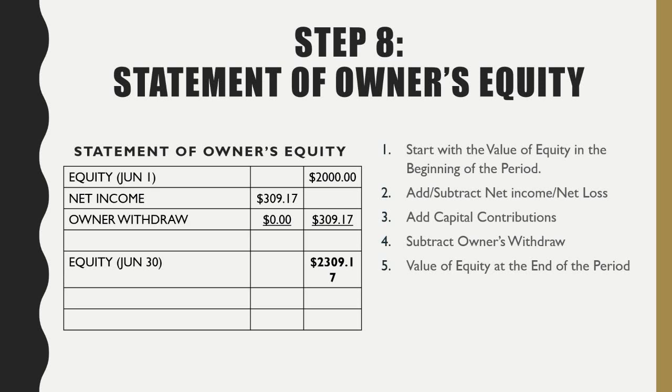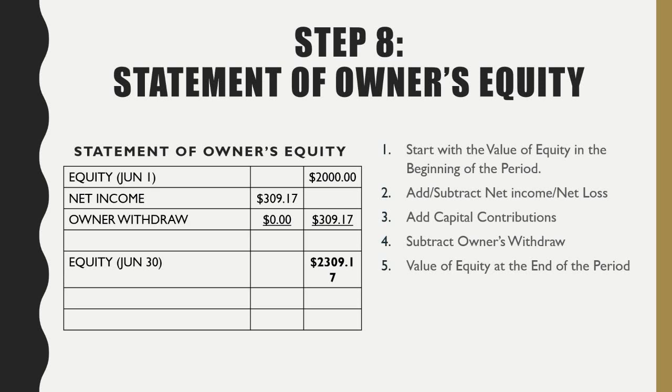First thing you need to do is you're going to start off with your beginning balance of your equity, okay? Whatever you started out with, your original investment, okay? If you have a net income, you're reinvesting money into your company, you're going to increase the account. If you have a net loss, you're going to decrease your account, okay?